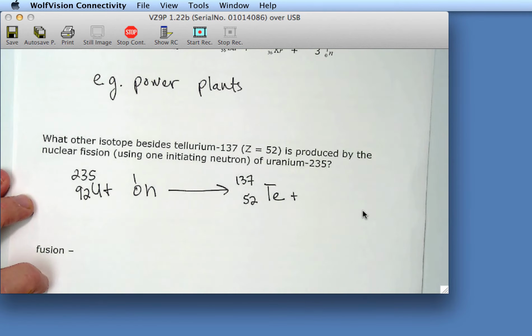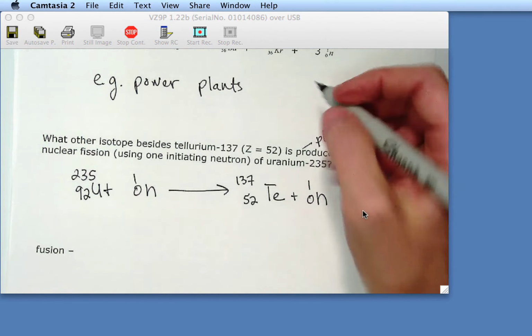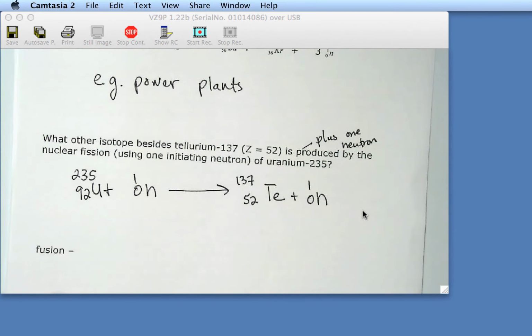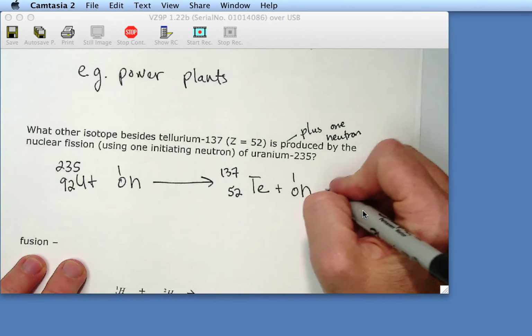What other isotope besides that is produced? I have to also tell you, I didn't give you enough information in this problem. Another neutron is produced.